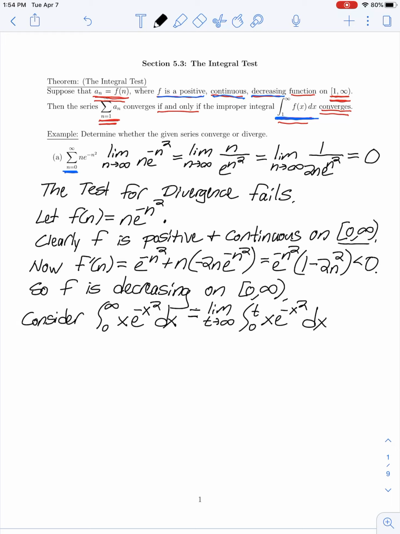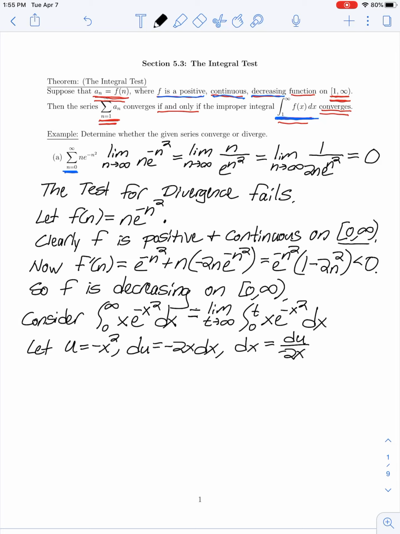Now, to find the antiderivative for this function, we could make use of a substitution. So here, if we choose u to be negative x squared, then du would be negative 2x dx, so that dx is du over negative 2x.